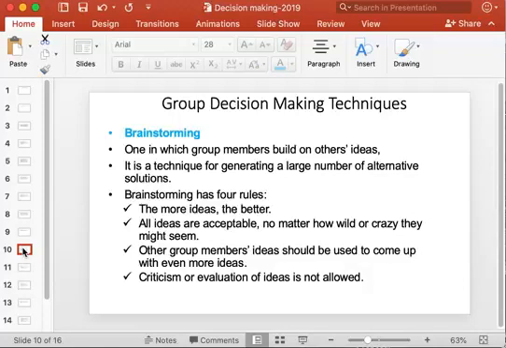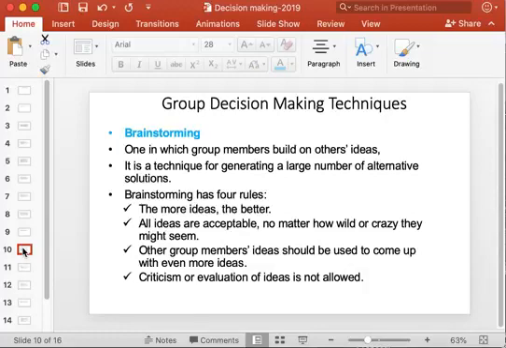You should not restrict, no matter how wild or crazy they might seem. So all ideas must be accepted. Other group members' ideas should be used to come up with even more ideas.